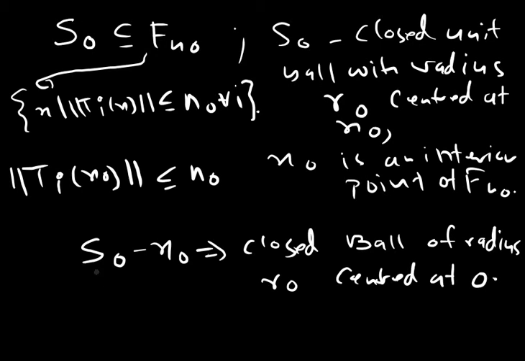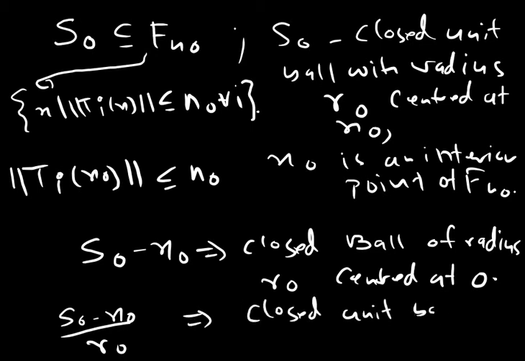If you consider S naught minus x naught divided by r naught, then this is the closed unit ball, with radius one.